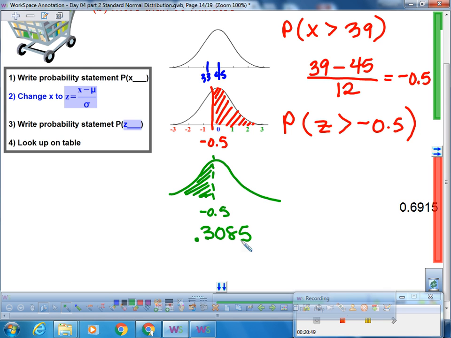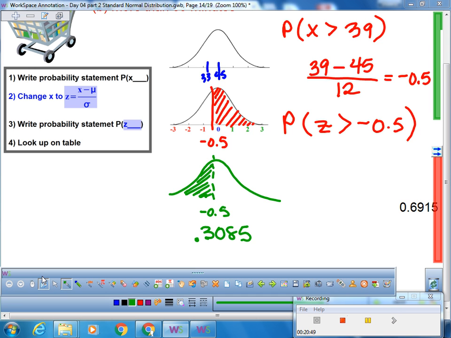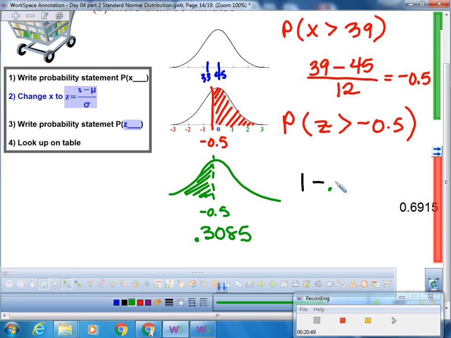If I want this side of the curve, then like Lama was saying, I would have to subtract. So I'm going to take the whole thing, which would be 100, and I'm going to subtract the left side, which is .3085. You guys do it for me.